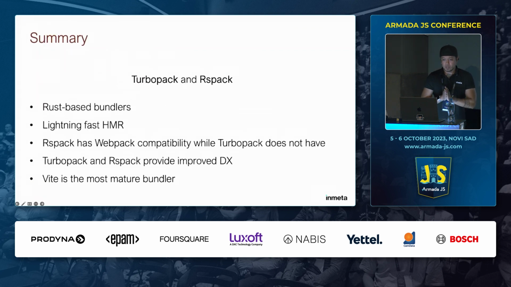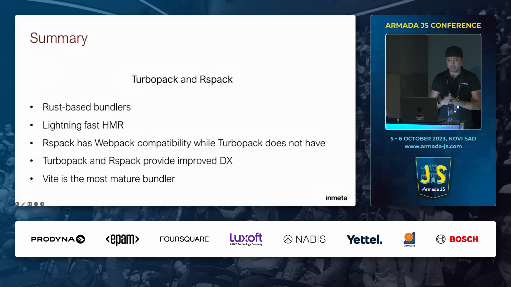So a quick summary before I get to some Q&A. Turbopack and Rspack are both Rust-based bundlers, with lightning fast HMR, to avoid developers looking at their phones while writing code, because they would see those changes right away on the screen. And Rspack has Webpack compatibility, while Turbopack does not.